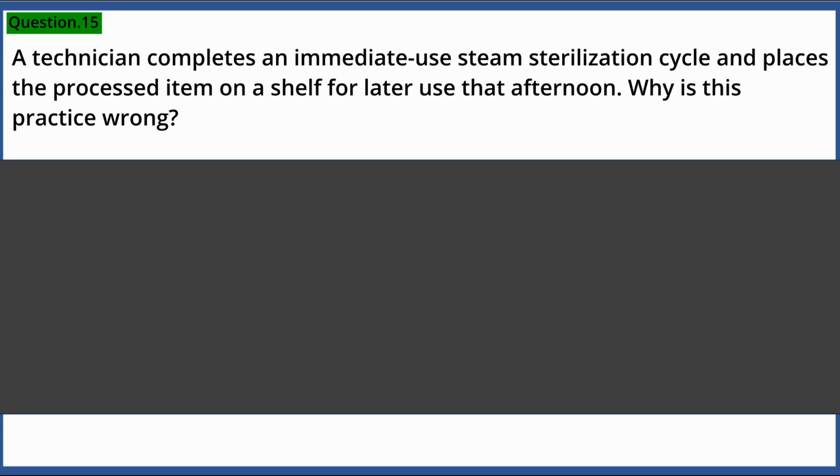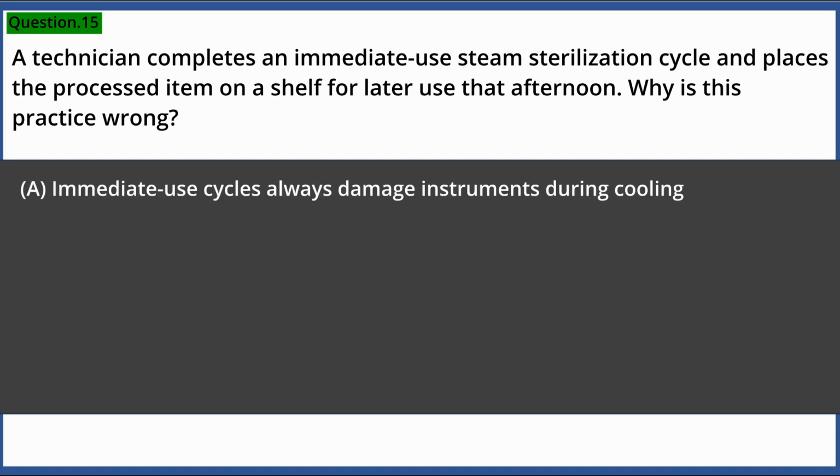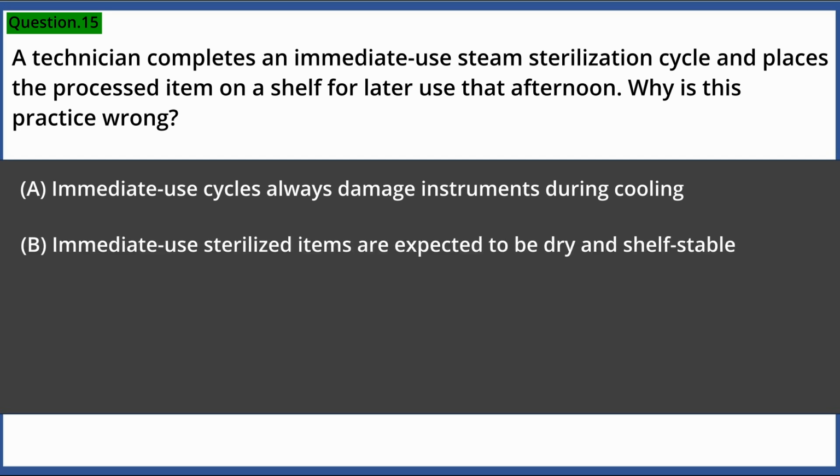A technician completes an immediate-use steam sterilization cycle and places the processed item on a shelf for later use that afternoon. Why is this practice wrong? A. Immediate-use cycles always damage instruments during cooling. B. Immediate-use sterilized items are expected to be dry and shelf-stable.